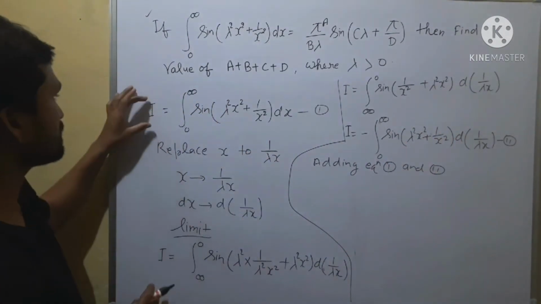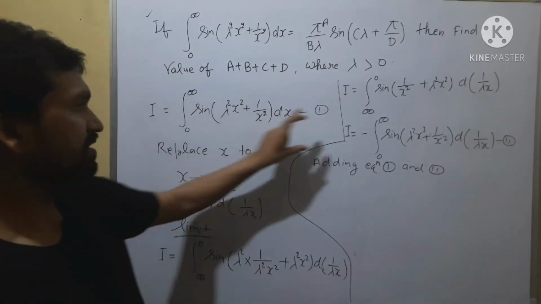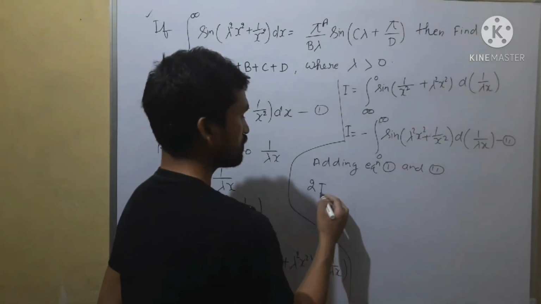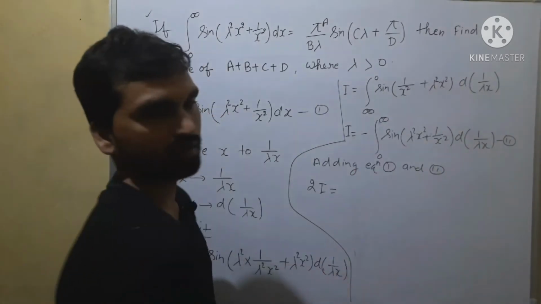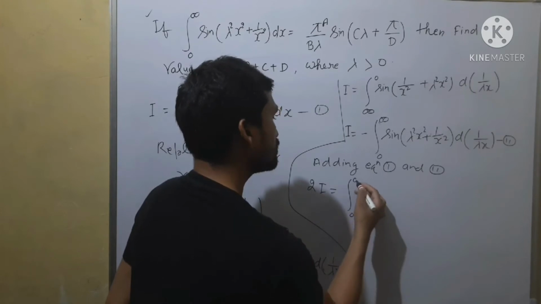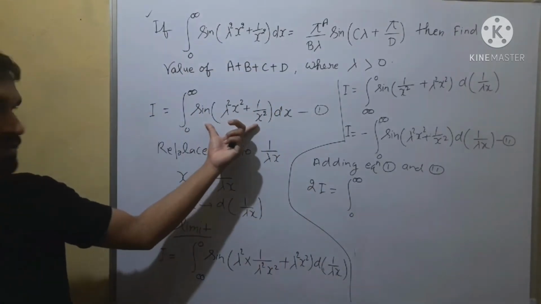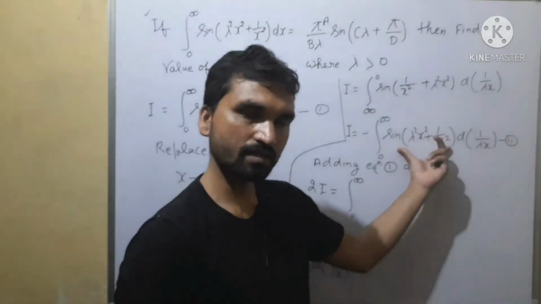So LHS is here I, and here also I, then the addition of I and I will be 2I. So 2I is equal to what? Because the integration limit is the same, we can write it 0 to infinity, and sine of lambda square x square plus 1 by x square, and here also those terms.